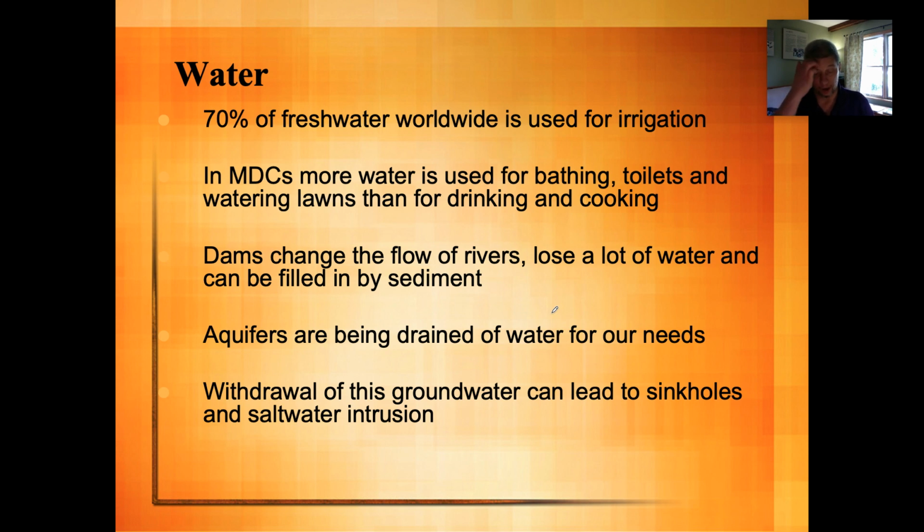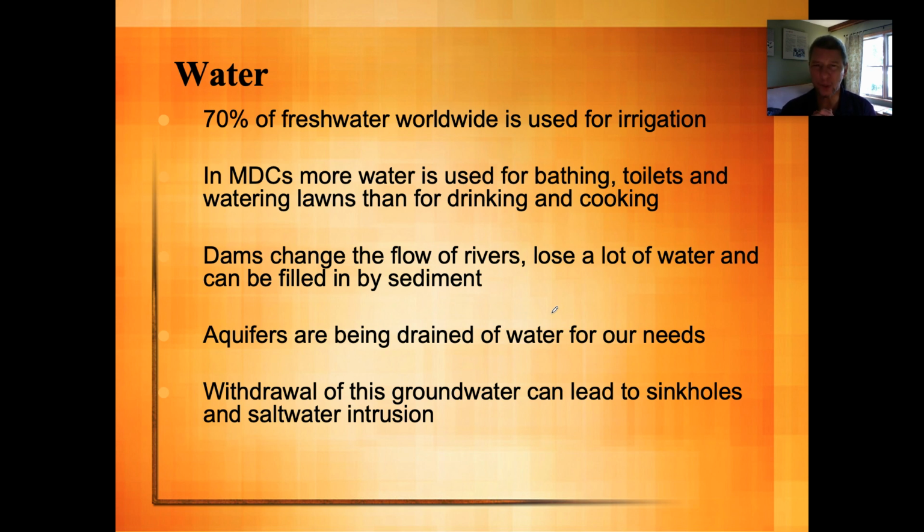So, in terms of water, 70% of the fresh water that's used worldwide is used for irrigating crops. 70%. That only leaves 30% for all of the other things that we use water for, showers and flushing toilets and stuff like that.